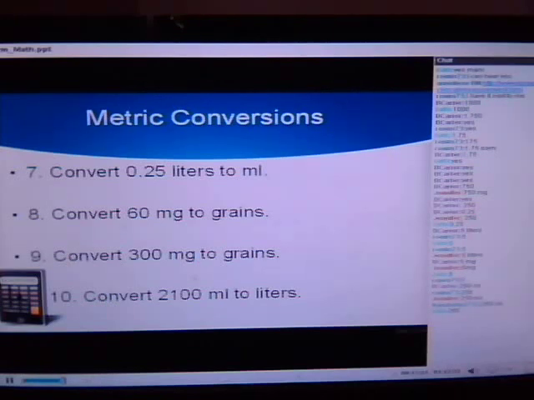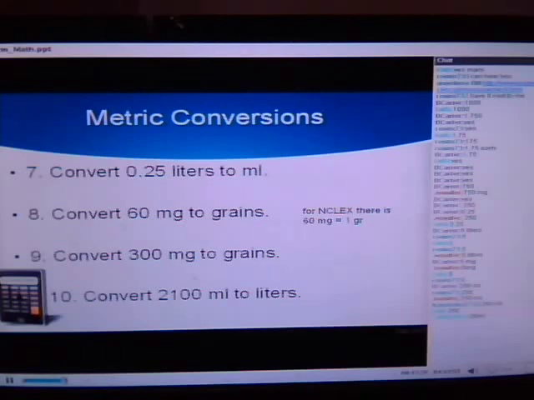Now listen, for the sake of the NCLEX, on the sheet, some people argue that there's 60 milligrams in a grain. Some people say 60, some people say 64.